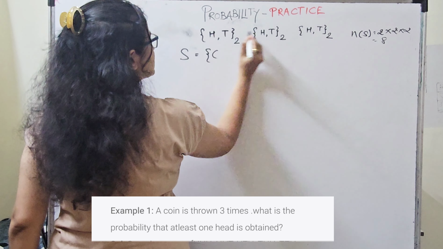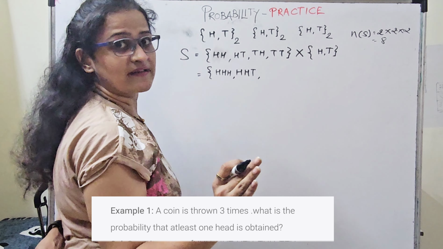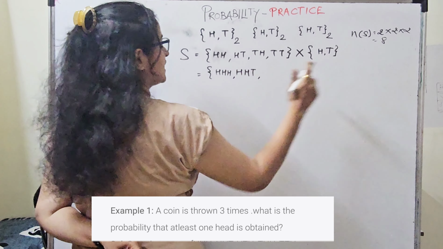And Cartesian product with this third set, which is H, T. Now take the Cartesian product of this with this. So HHH, next HHT. This way it becomes easier to find the total outcomes.